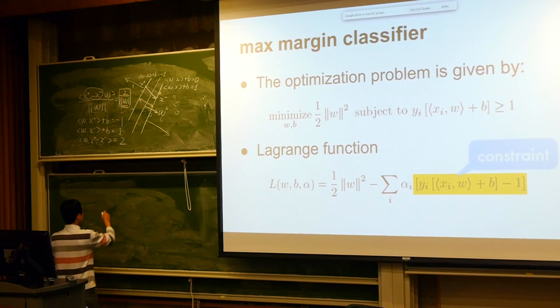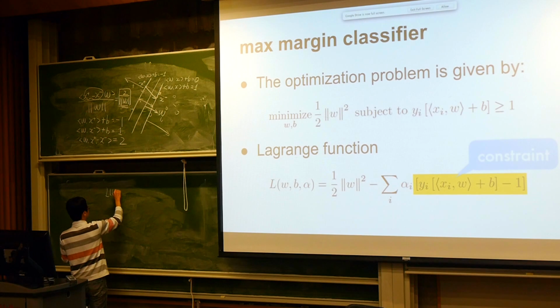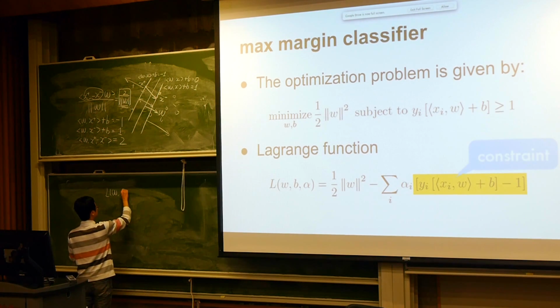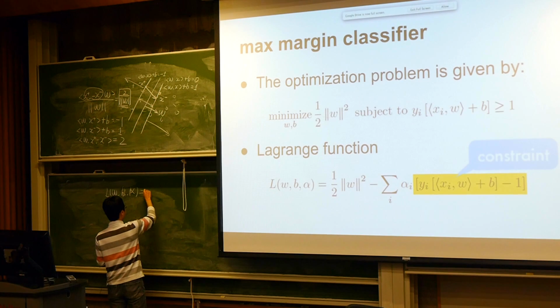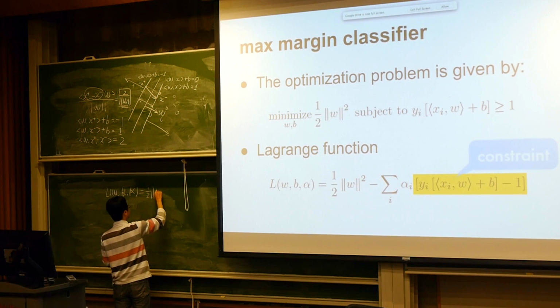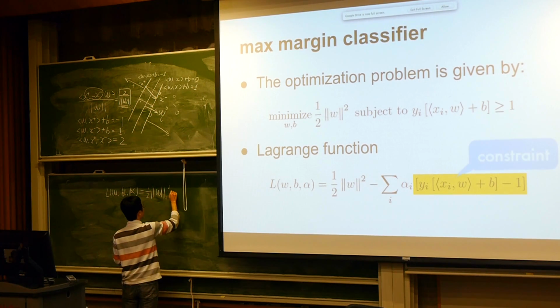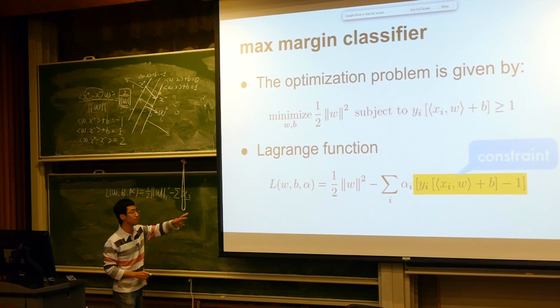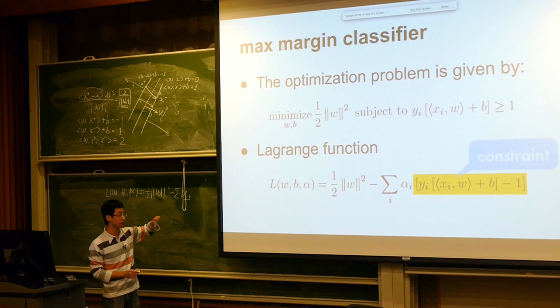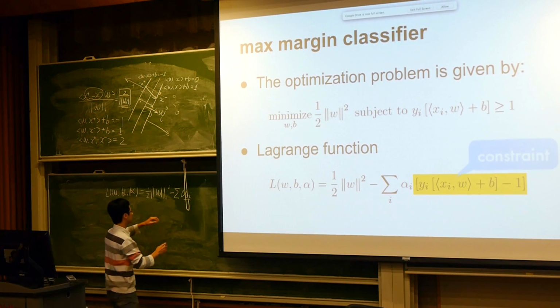This is how we introduce the Lagrangian function, which is equal to the original objective minus, here we introduce a multiplier, which is called alpha i. For every constraint, we introduce one, and we multiply them together.